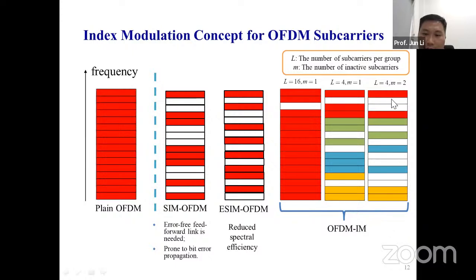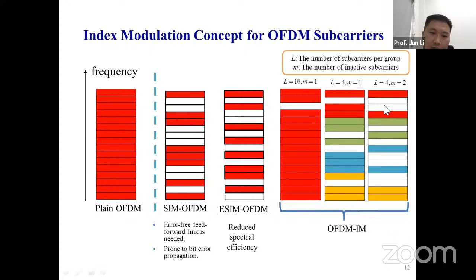If we see the last figure, two subcarriers will not be used, right? Also, we can say that we can set M equal to 3, then only one subcarrier is active.